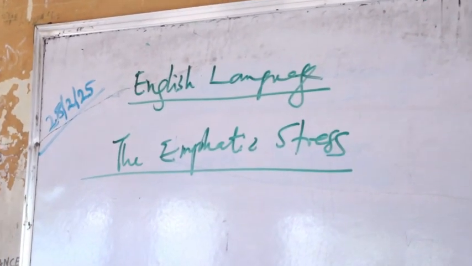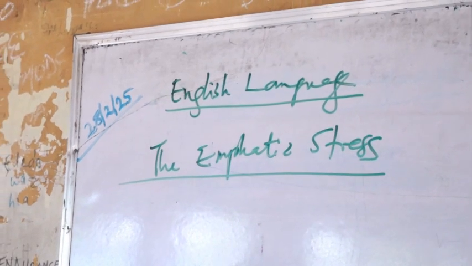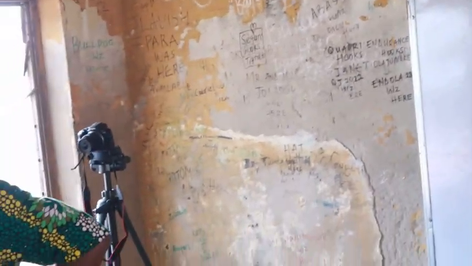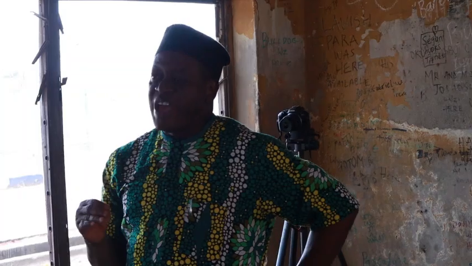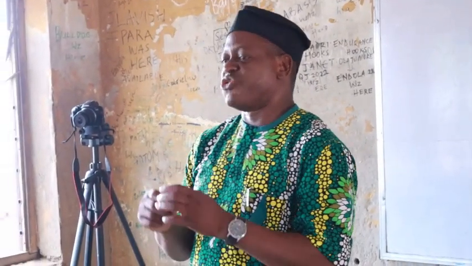The emphatic stress is at the sentence level, where the word that takes prominence is written in capital letters.